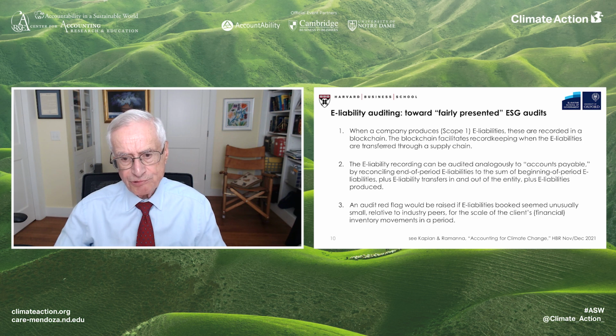And the way Scope 3 is written today, and the standards that are used for Scope 3, no auditor could really sign up to a fairly presented opinion, which means that the environmental reports, by their very nature, are going to be inferior, having lower validity and lower integrity, which we don't want. We want regulators and customers and investors and consumers to have the same feelings of confidence in the environmental numbers that they have today in the financial.